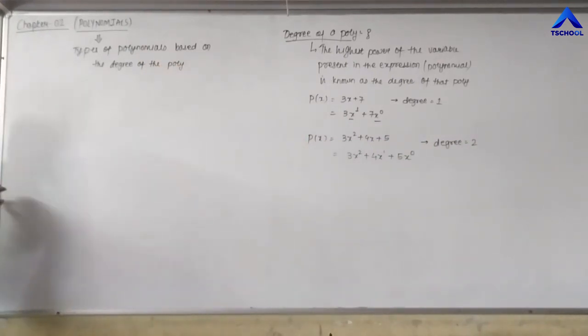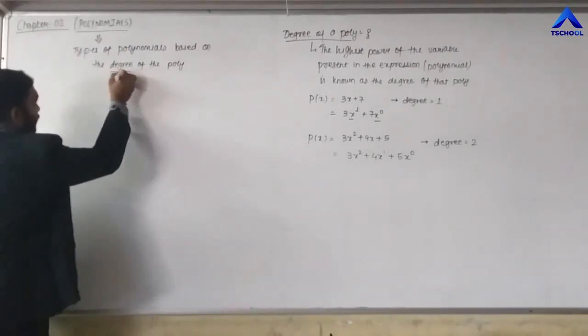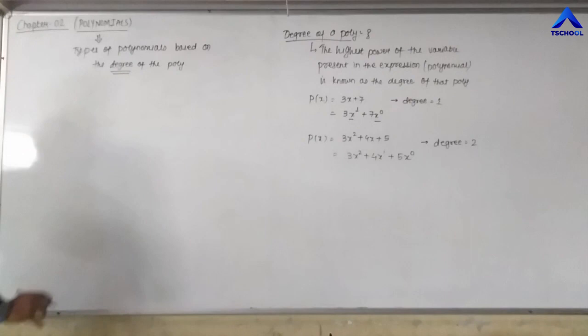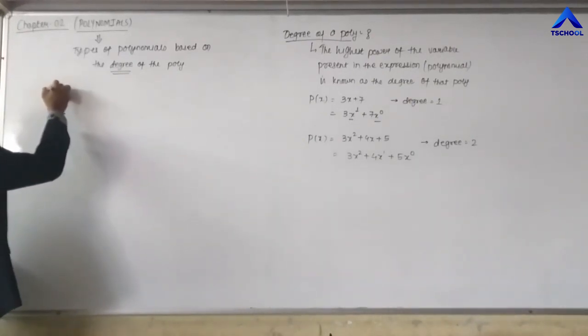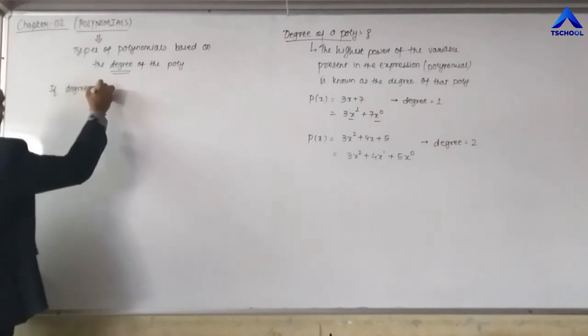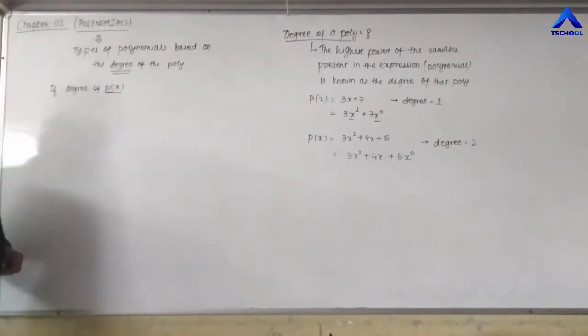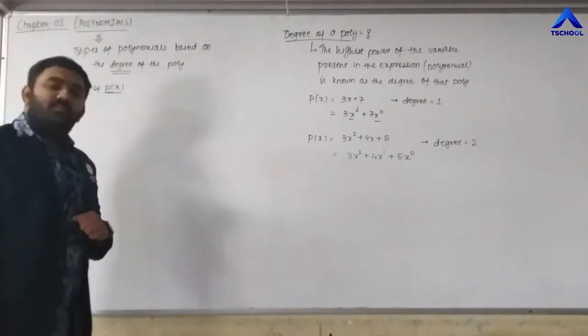So in this class we are going to discuss the types of polynomials based on the degree of that polynomial. So let me say that if the degree of p of x, now wherever I write p of x, you will consider this as the polynomial.